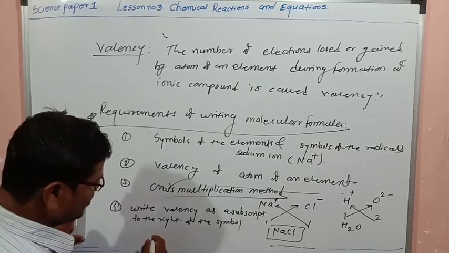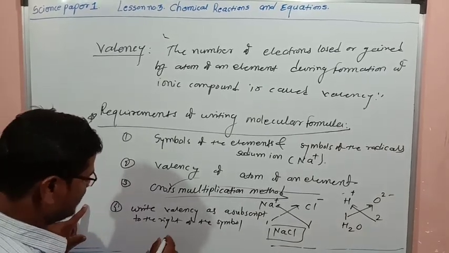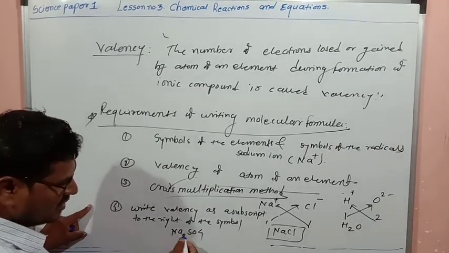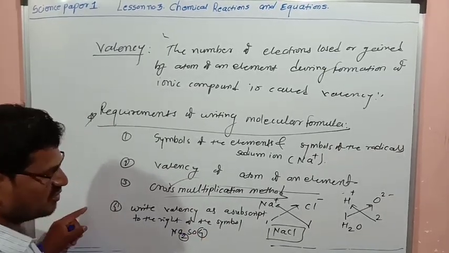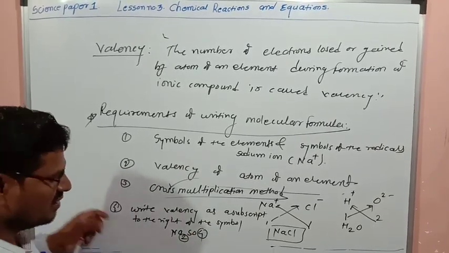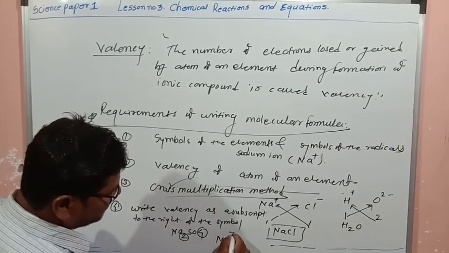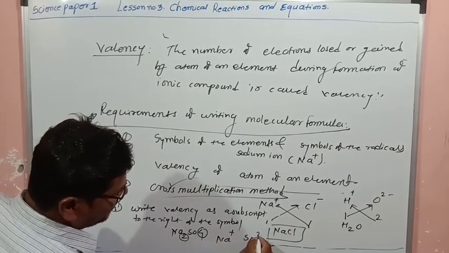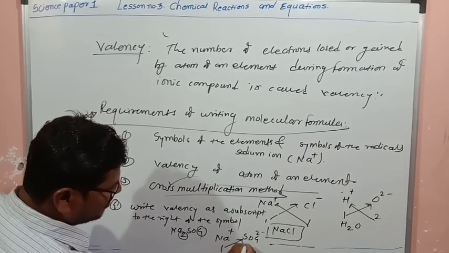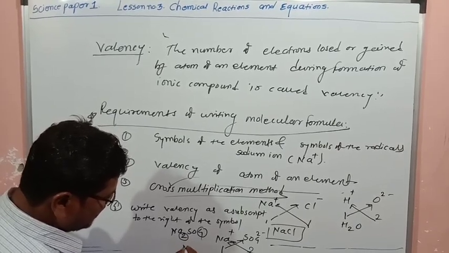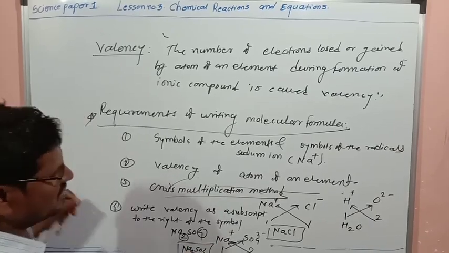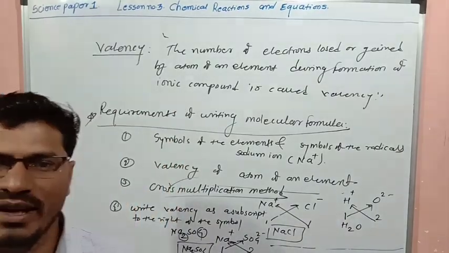Suppose you write Na2SO4. The 2 and 4 are the subscripts. How do you write it? Na has a valency of 1 plus, and SO4 is minus 2, so the valency is 2, and the other valency is 1. If you do the cross multiplication, you can write Na2SO4. In this way, these things are necessary for writing the molecular formula of any compound.